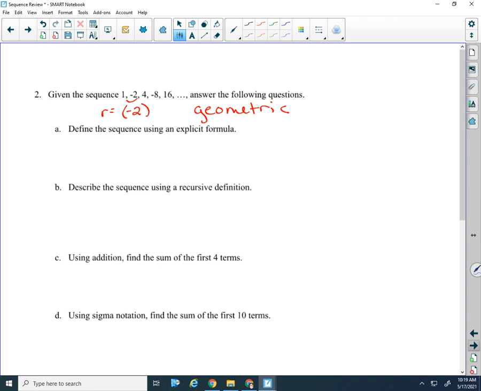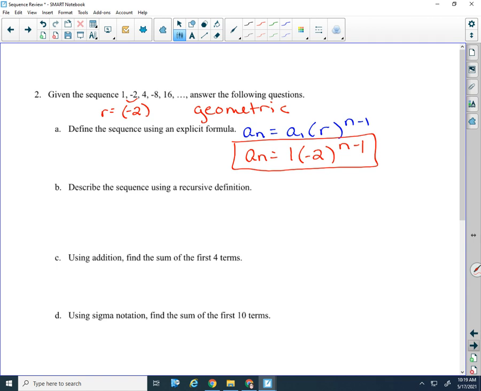So the explicit formula for a geometric sequence is first term times the multiply rate to the n minus 1. And you might see in formulas the R or the B can be interchangeable. So my formula is a sub n, first term times the multiply rate to the n minus 1. This is our explicit formula.